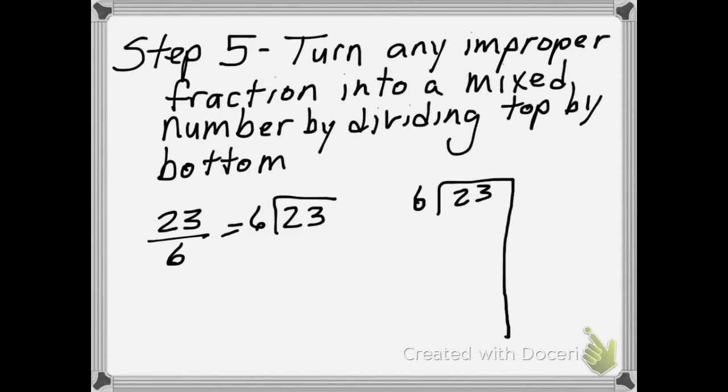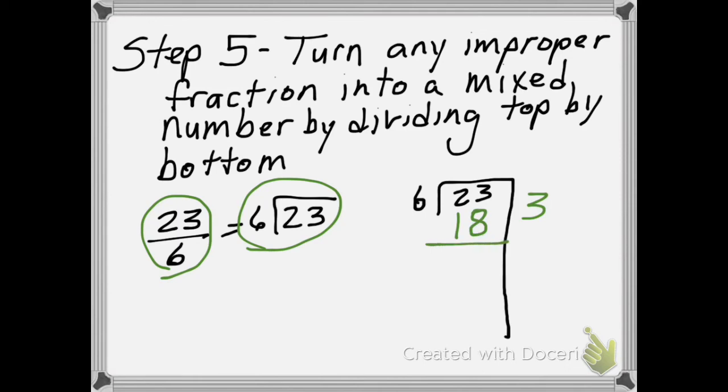We have to turn any improper fraction now into a mixed number by dividing the top number by the bottom. So 23 over 6 now becomes 23 divided by 6. So we'll do this. If we look at 6 into 23, we know that we're going to get 3 times. 3 times 6 is 18. We need to do our subtraction.